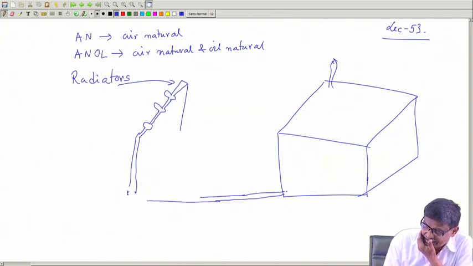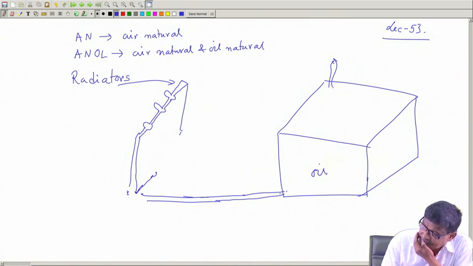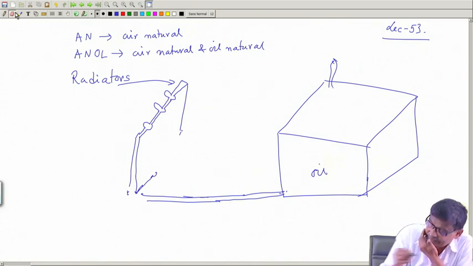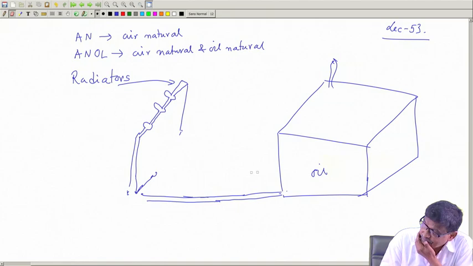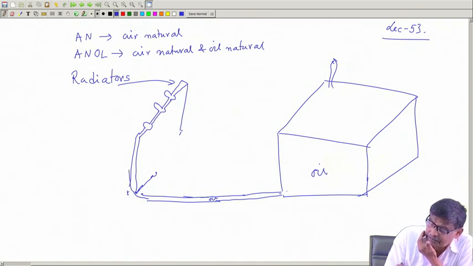There will be an inlet here, and the oil is connected. The tank is filled with oil inside, and this oil is connected here, and oil will fill up these plates also.